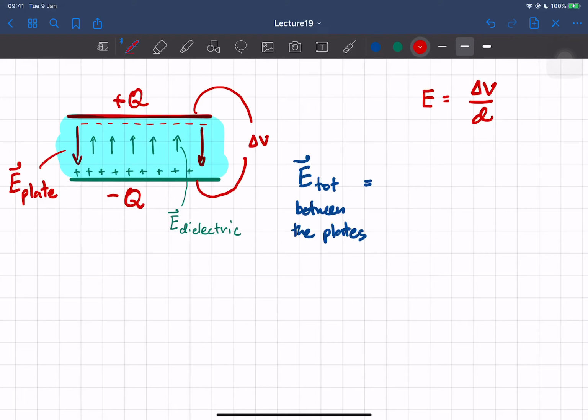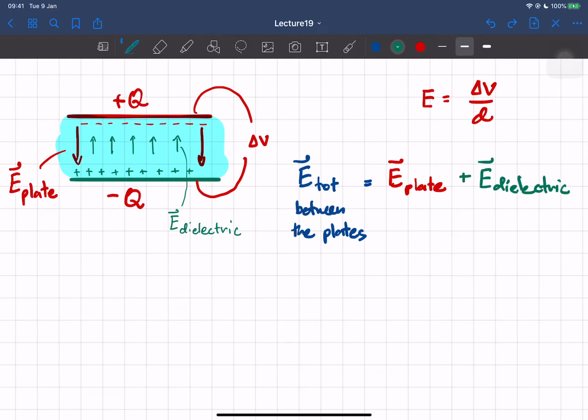You add E plate, which is what you used to have before you put in the dielectric, plus E of the dielectric, which is the E field developed from the separation of positive and negative charge of the dielectric itself.